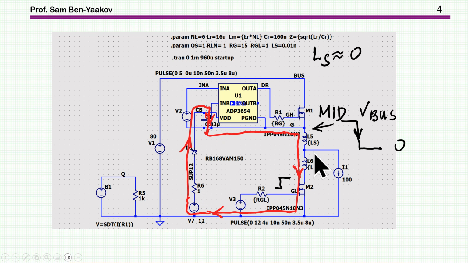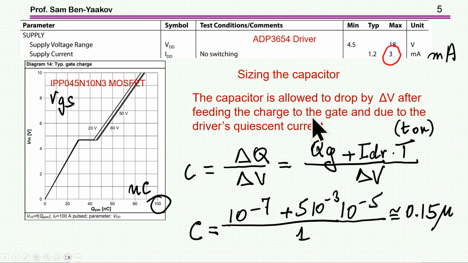And then when the midpoint goes up again, the voltage across the diode becomes negative, so it's blocking, and it's off. And then the capacitor is responsible for maintaining the current to the driver and the charge to the gate. Okay, so this is the idea of the Bootstrap.